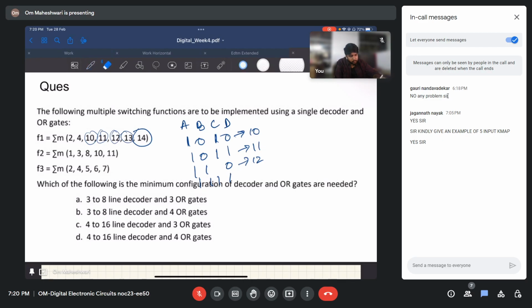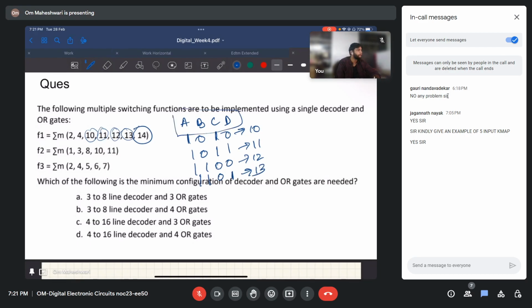These we can realize when we have four variables, first of all.